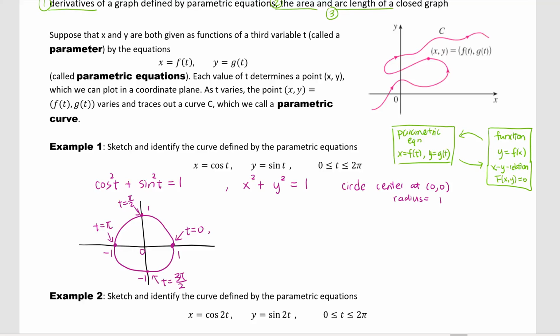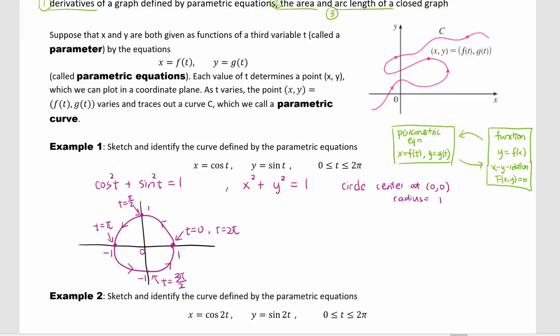And when t equals 2 pi, we get back to the point (1, 0). So you can see the trajectory of the point, and it is traveling counterclockwise. So far, so good?